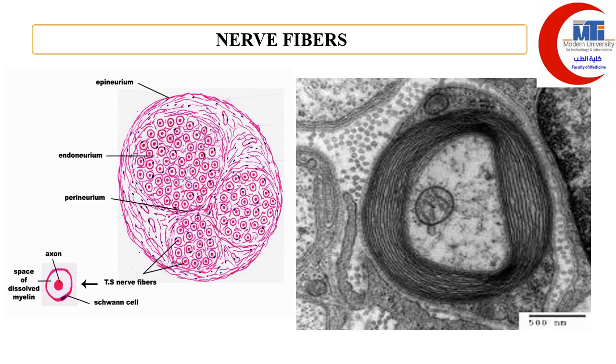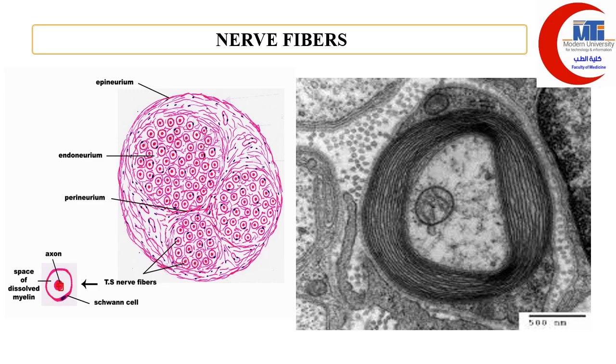Again, this is the diagram. This is the axon surrounded by a space of dissolved myelin, surrounded by the cell membrane of the Schwann cell, the third layer, or what is called the neurolemmal sheath. Notice with me that connective tissue fibers surround the axons. Around the individual fibers is called endoneurium.